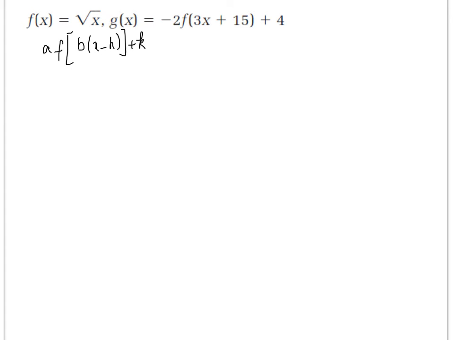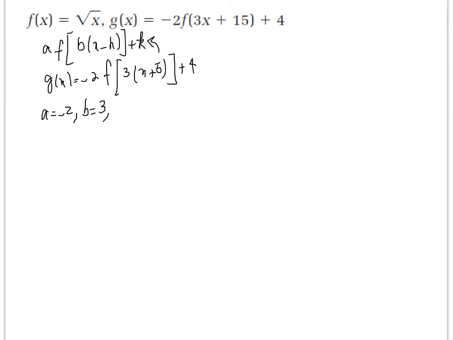So really I can write g of x is negative 2 f of, in square brackets, we factor 3 out, we get x plus 5, plus 4. Now if you look at this general form, you can see that a is negative 2, b is 3, h is negative 5, and k is 4.